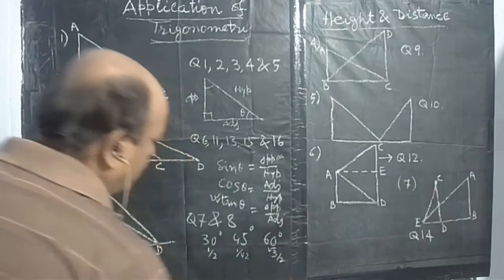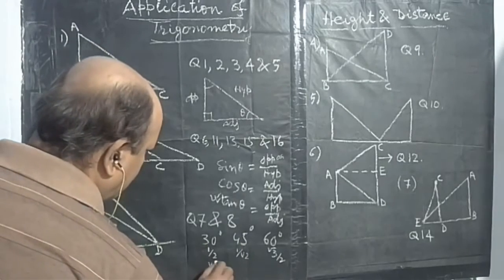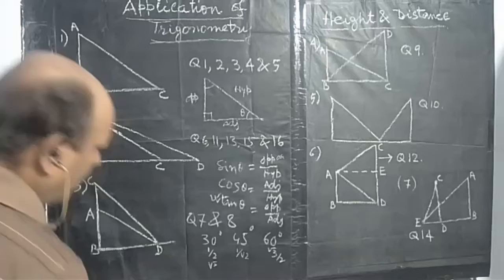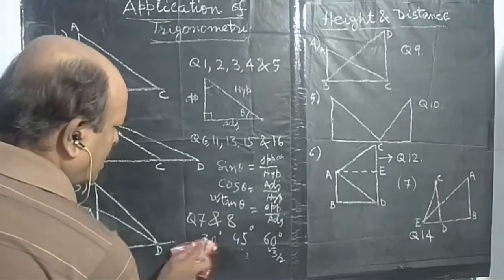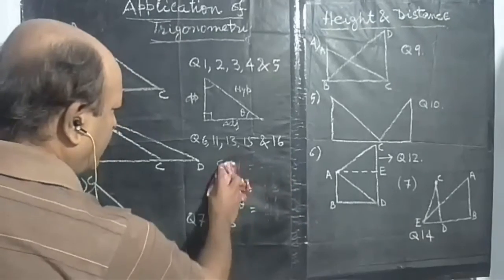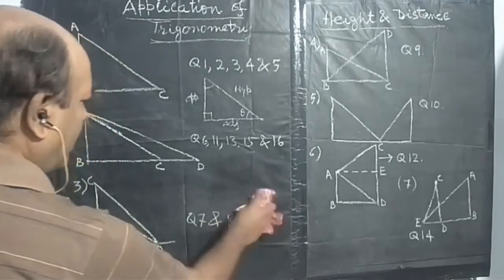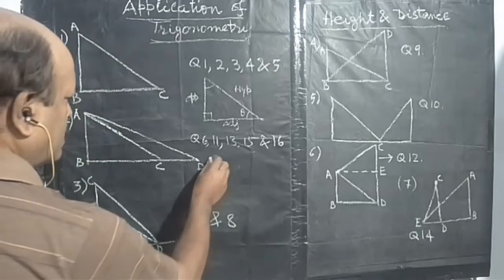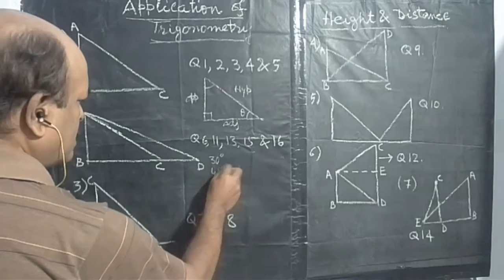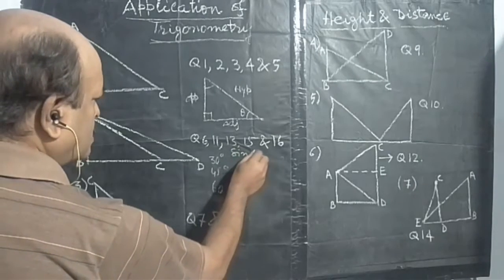This we have already learned, I hope. Cos 30 is root 3 by 2. Here we can write 30 degree, 45 degree and 60 degree, and here it is sin, cos, tan.